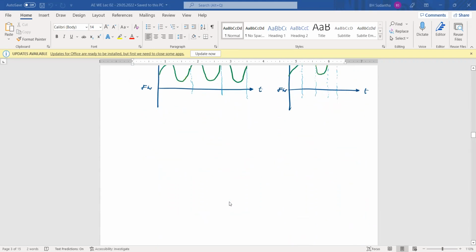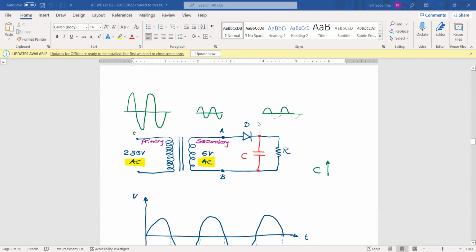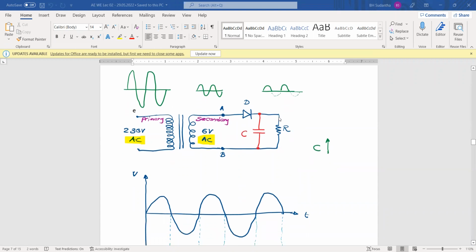After doing that, you can see on the output side this type of ripple. It's not smooth DC, not the continuous DC voltage we can receive after doing the rectification. To minimize this and reduce the ripple of the output voltage, we have a small arrangement here.